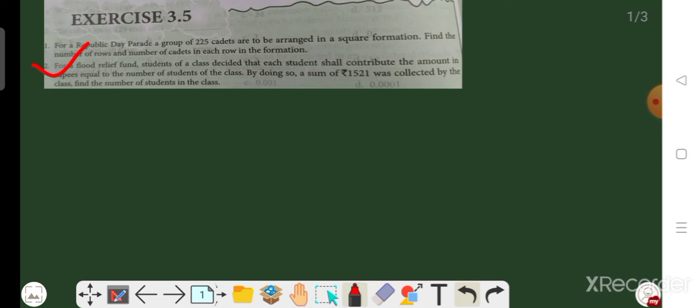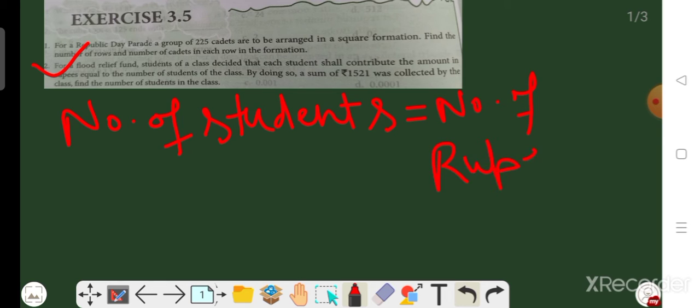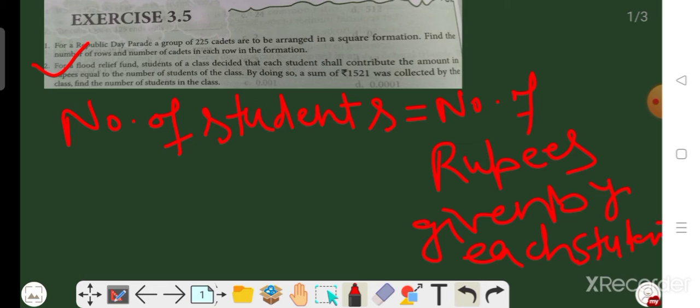Look at here. In this question it is given that the number of students is equal to the number of rupees given by each student. Both are the same. Rupees given by a single student is equal to the total number of students.